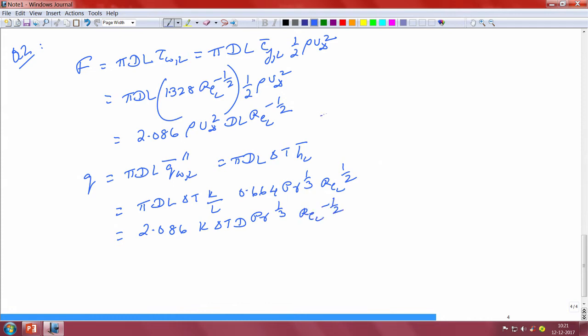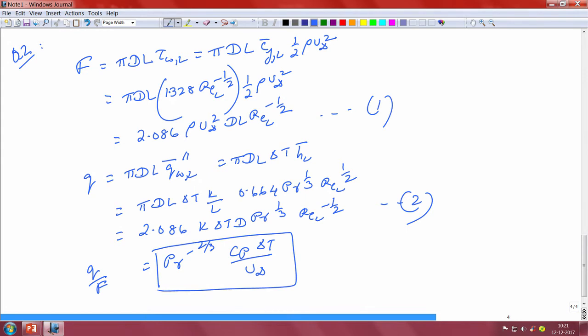Okay. So, this is 1 and this is 2. If you divide one by the other, you get Q by F equal to Prandtl number to the 2/3 Cp delta T by u infinity. That is very straightforward.